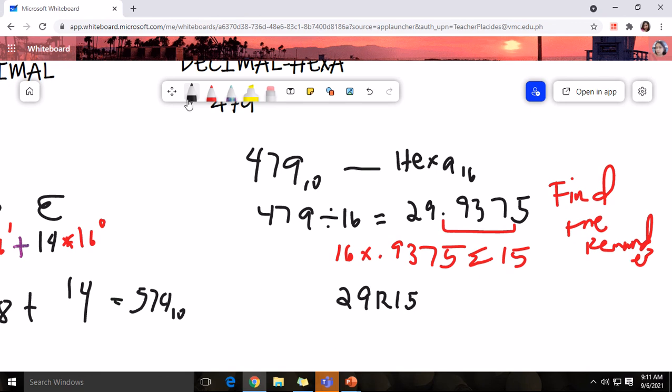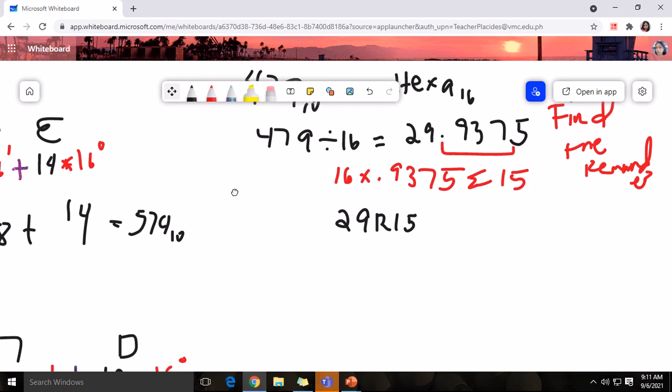Next is the 29, which we divide by 16 also. The result is 1.8125.